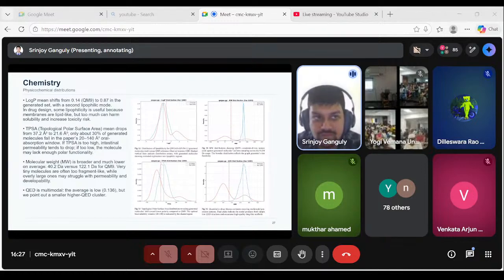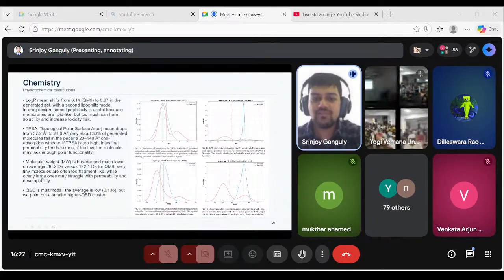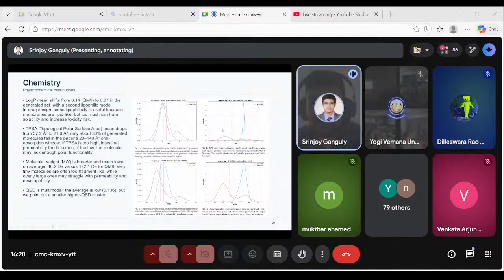So the first is log P. I think I have already mentioned log P is just water solubility. If you have a higher score, that means you are going closer towards solubility. And if you start checking the graphs, you will see that the model is not performing really well for some of them, for the molecular weight, MW, especially.